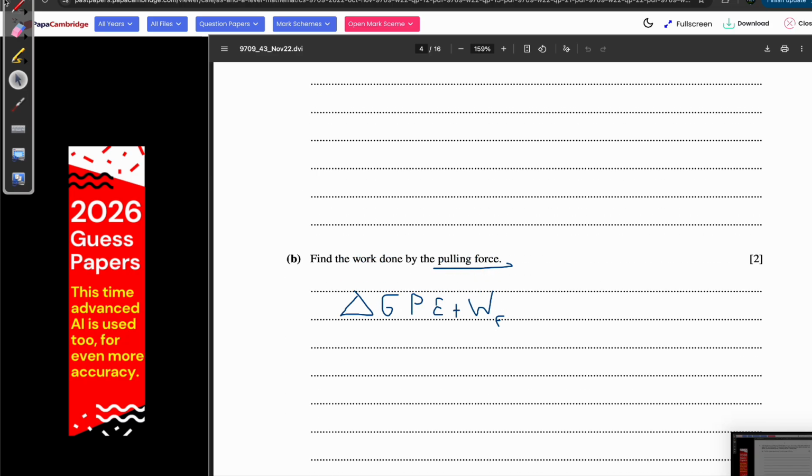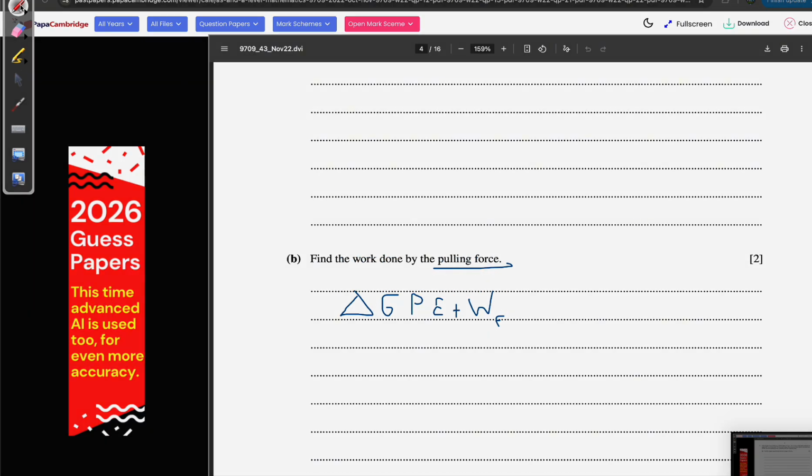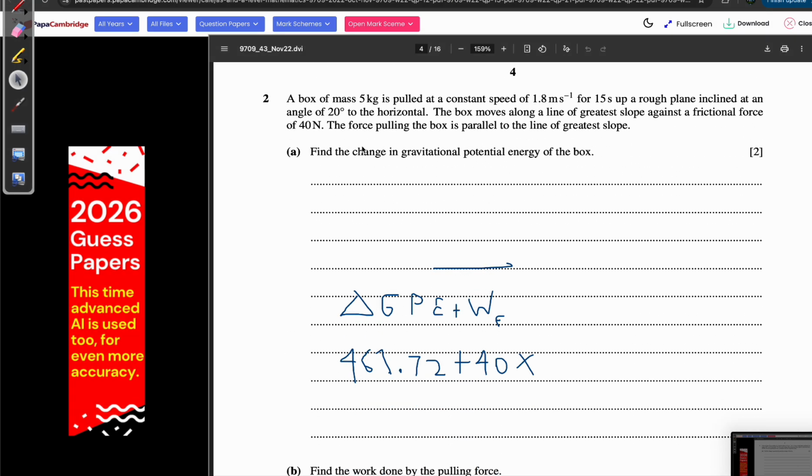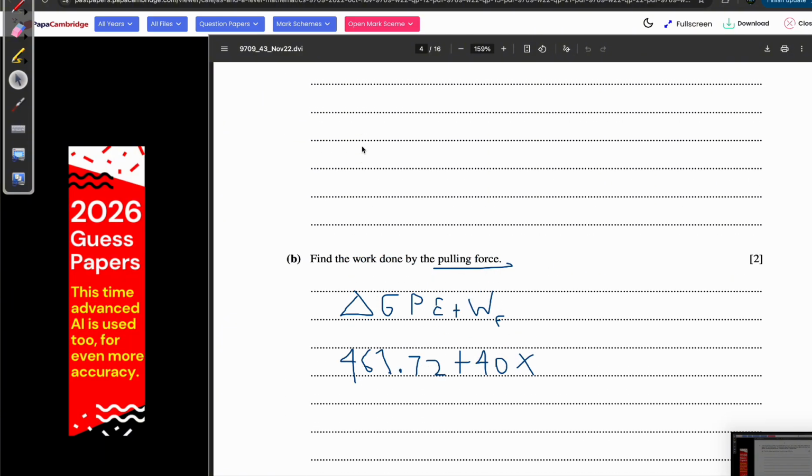So the gravitational potential energy was 461.72, so on so forth, plus again force times distance, which was speed times time, which is 1.8 times 15.